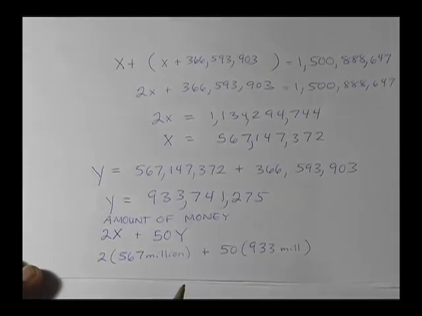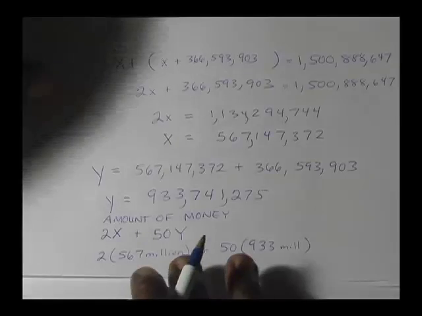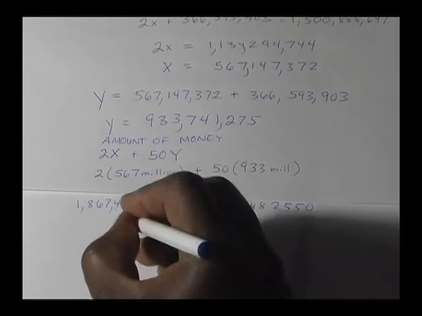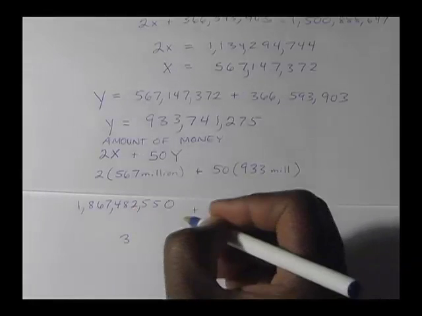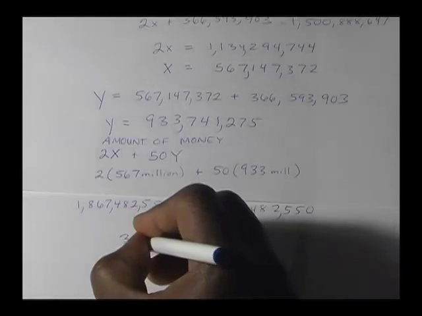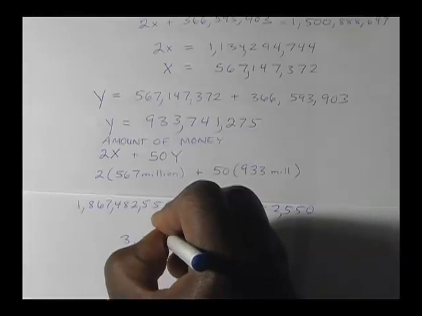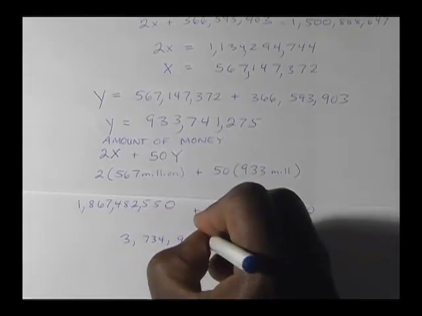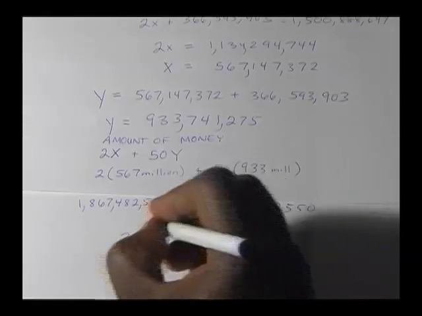And let's see what those actual numbers turn out to be. It actually turns out to get the same amount of money for both $2 bills and $50 bills. So that brings our total to 3,734,965,100.